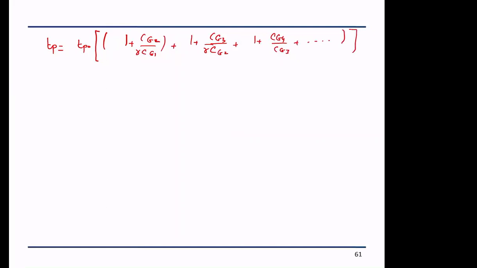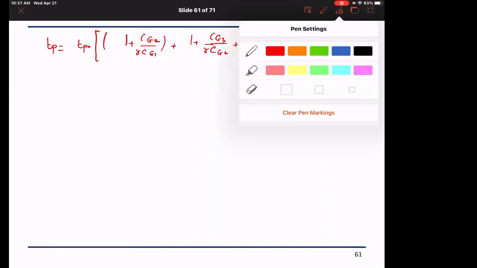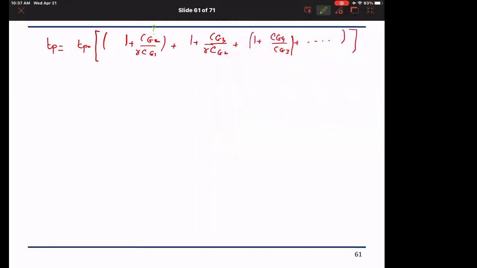Now what are the unknowns that I have here? I don't know CG2, CG3, CG4, all the intermediate stages, because I don't know the sizes. To find the sizes we need del TP by del CG2, for example, to be equal to 0, and del TP by del CG3 equal to 0, and so on. So I set all of these derivatives equal to 0.